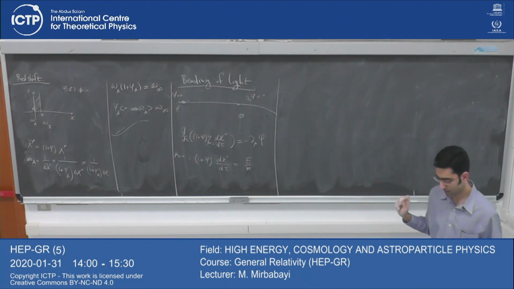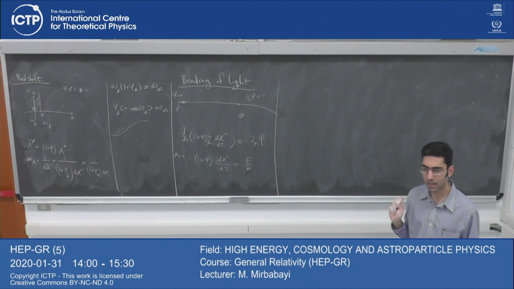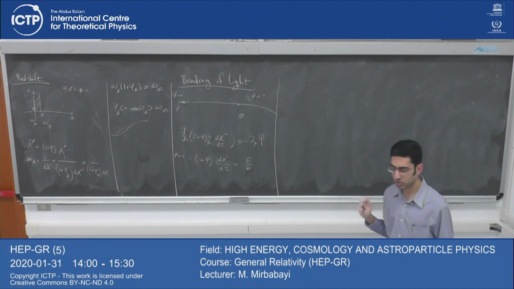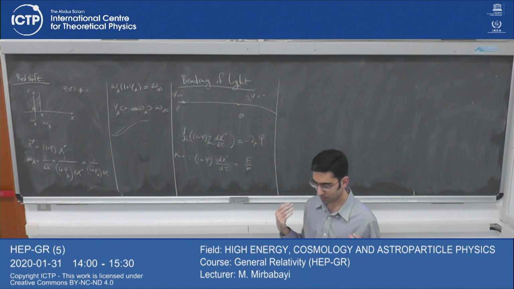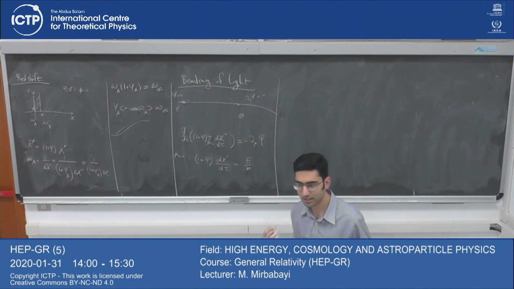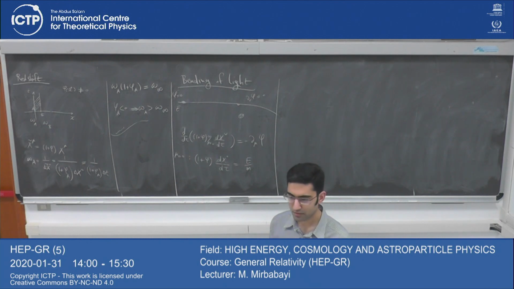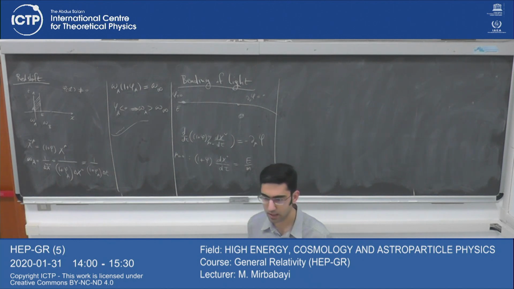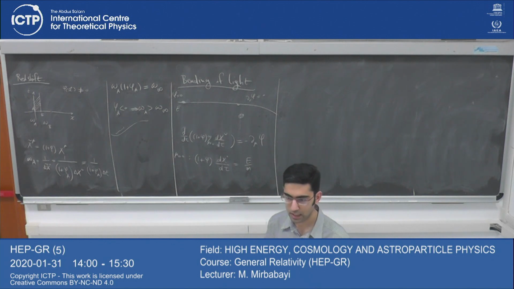So the trick to see what happens to light is to think about it physically in the following way. Consider what happens to a massive particle and then take the energy of the massive particle to infinity, to be much larger than the mass.